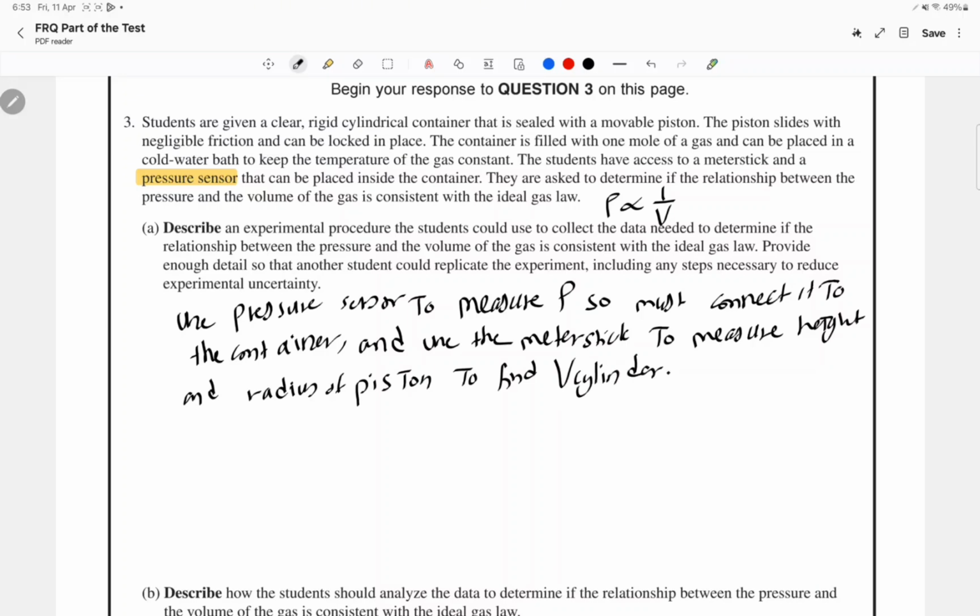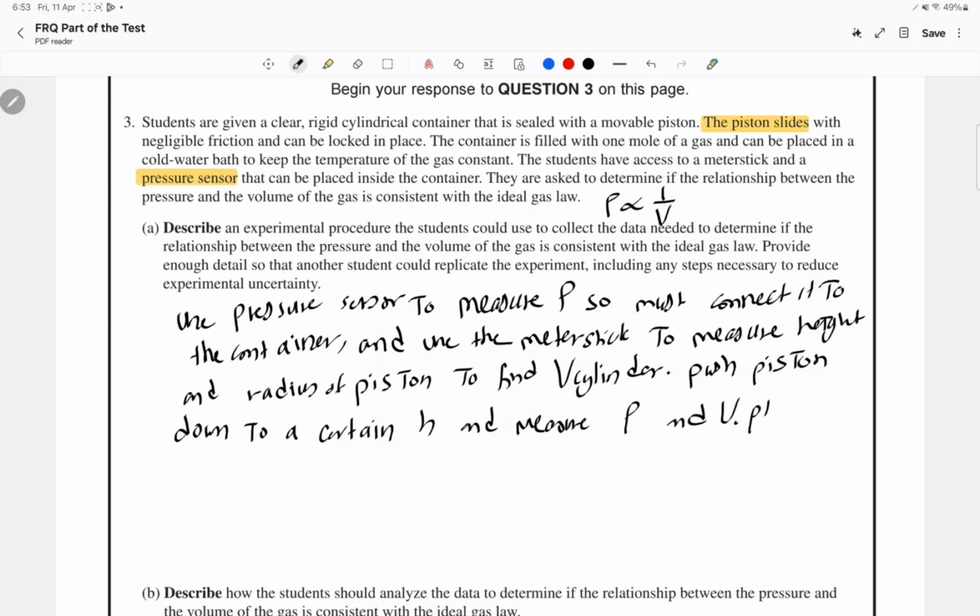Now, of course, you are going to be pushing. Wait, they said that the piston can be locked in place, but it can also be sliding. So now it's your choice to pull up the piston or to pull it down. It's up to you. So we're going to say push the piston down to a certain height and measure the pressure and volume.